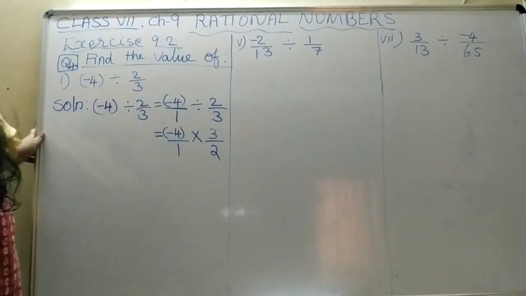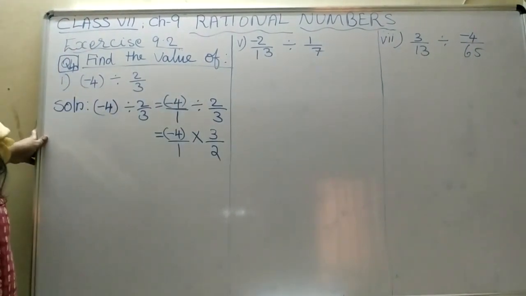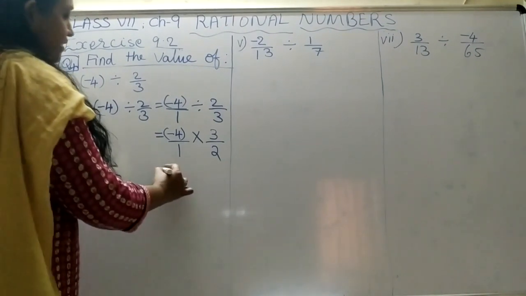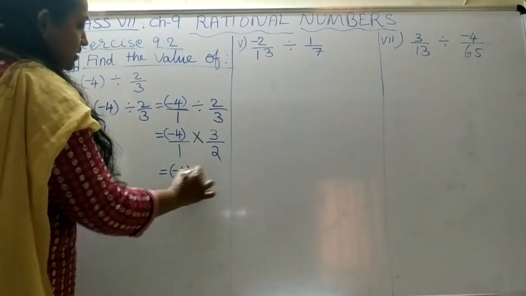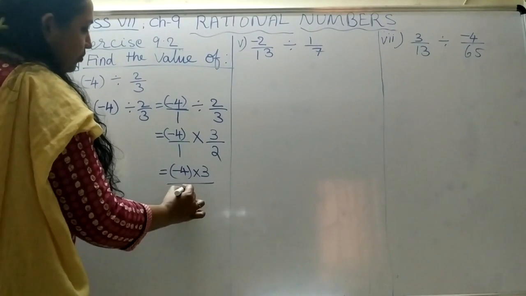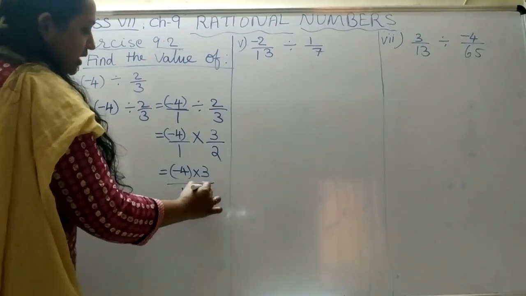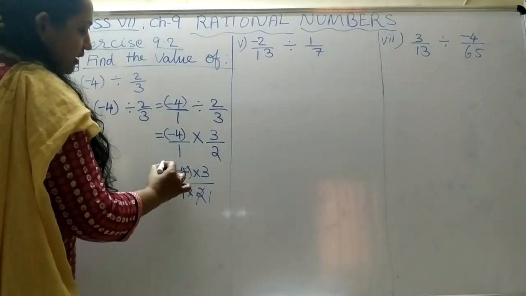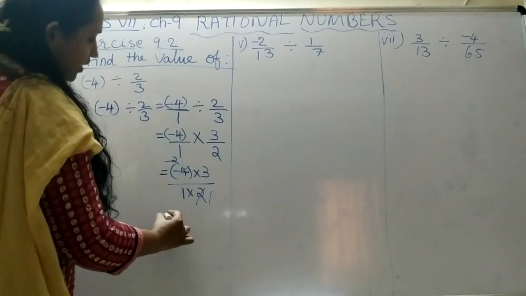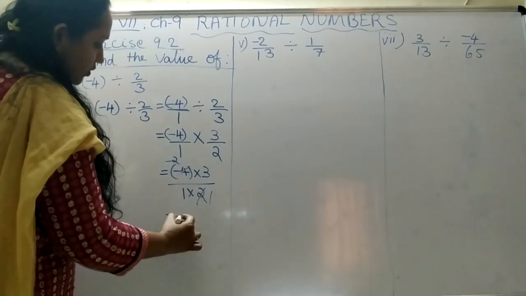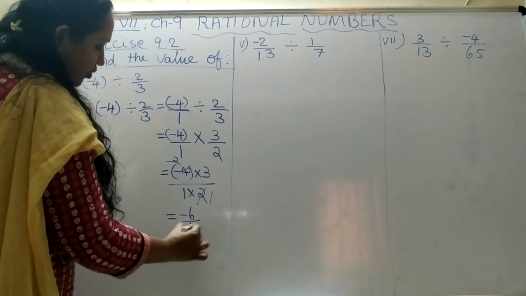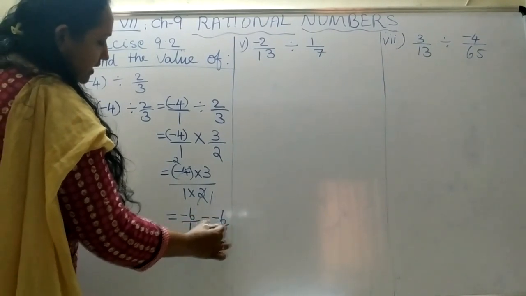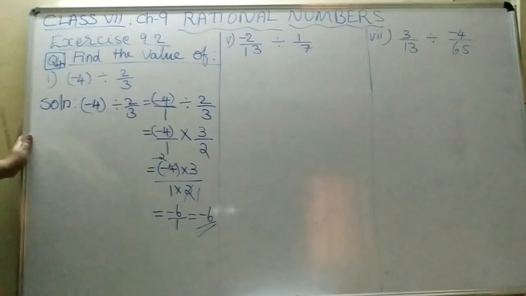Now it becomes the multiplication of two rational numbers, that means multiply the numerators upon multiply the denominators. Here 2 and 4 have a common factor, so we can cancel that. So minus 2 into 3 gives minus 6 upon 1. So the answer is minus 6.